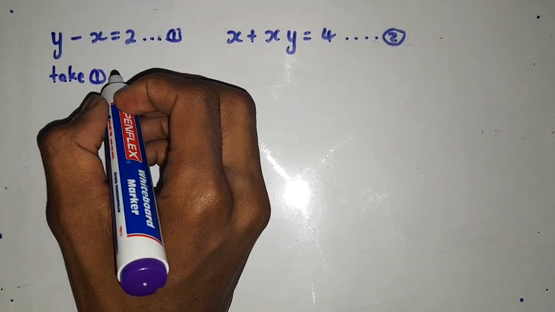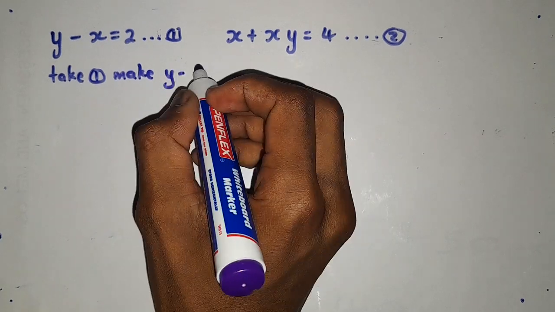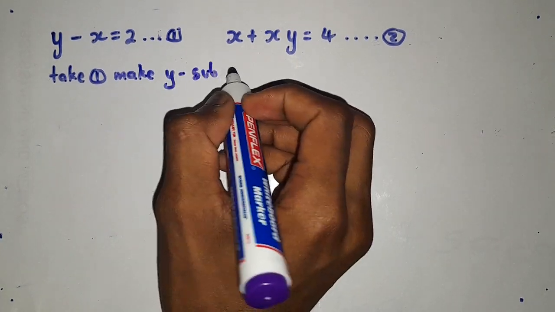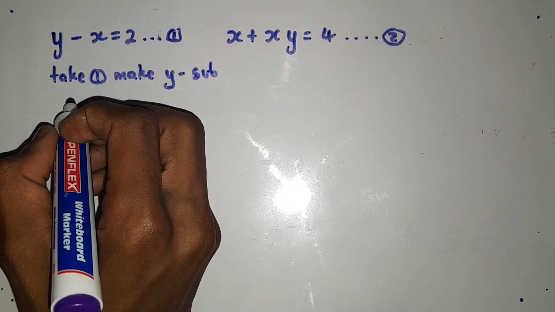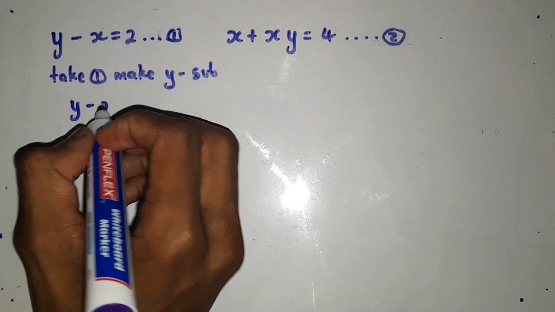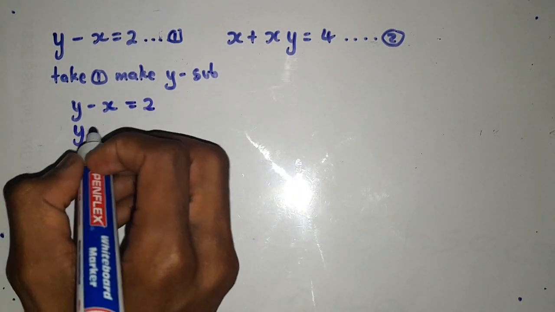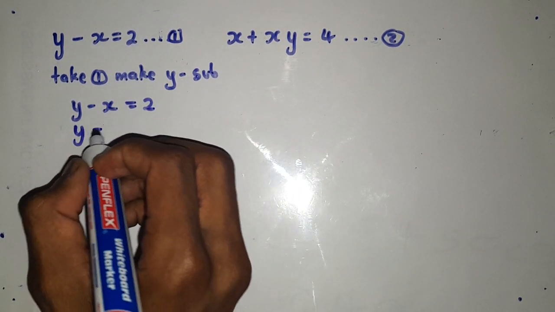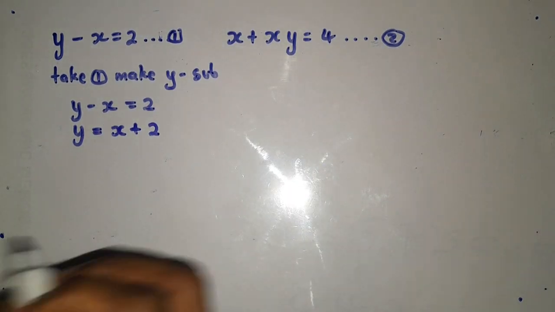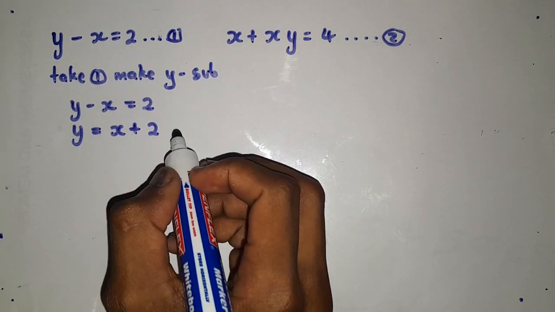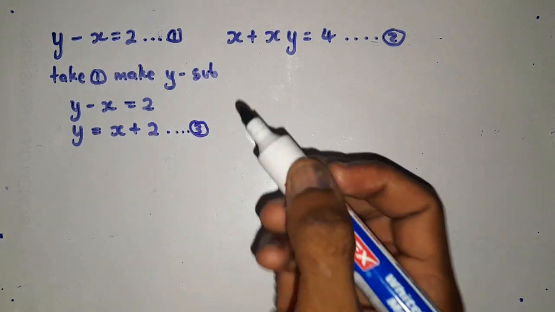If I make y the subject of the formula, this is what I'm going to get: y is equal to x plus 2. Immediately after doing this, let me make it equation 3.